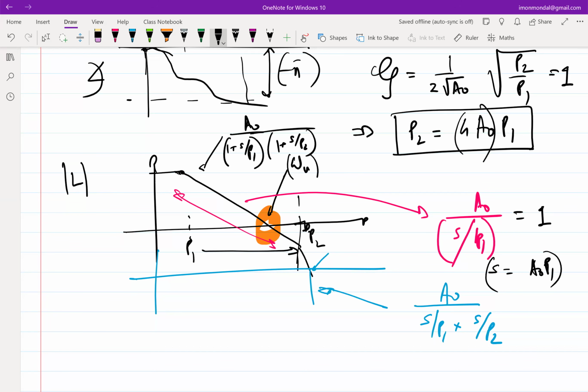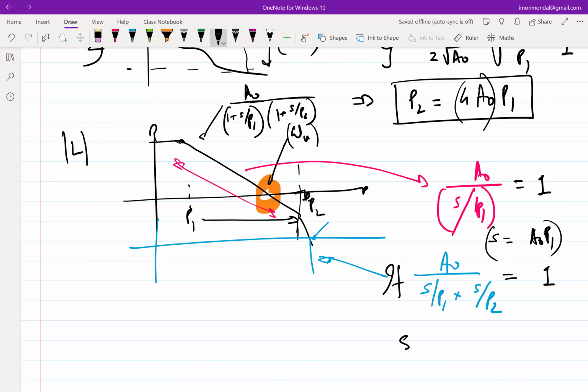If it is not, then I move my attention to the next part of the line segment and see if this is equal to 1, then the mod of S, because this is all mod, S is a complex number, should be under root A naught P1 P2.